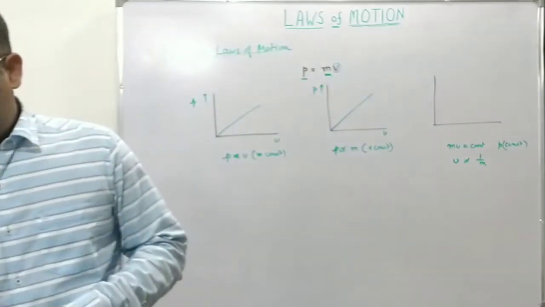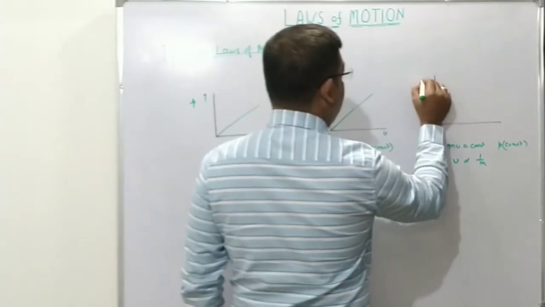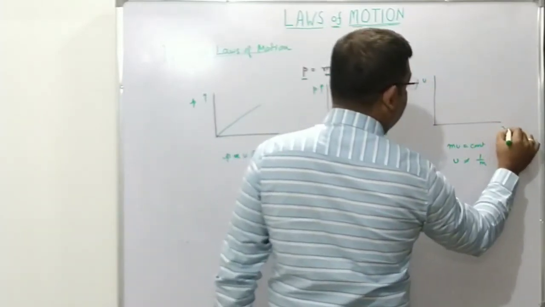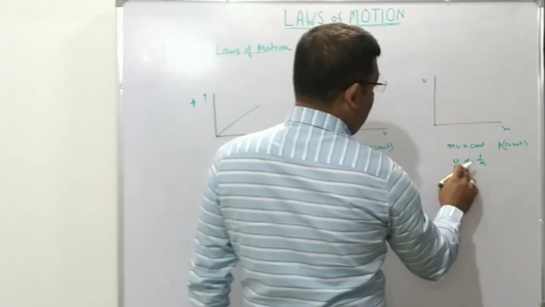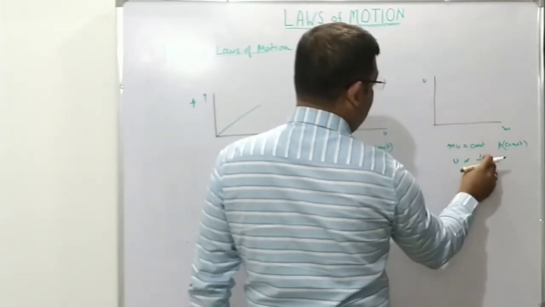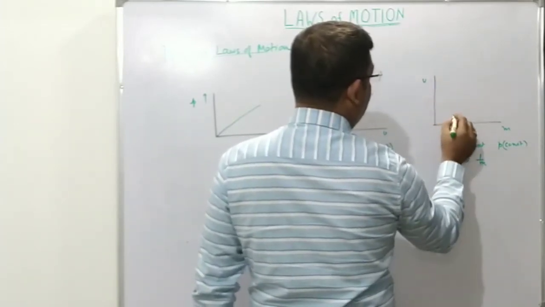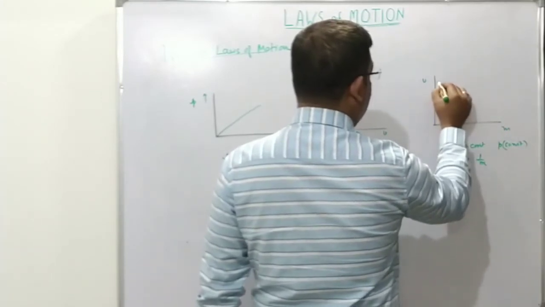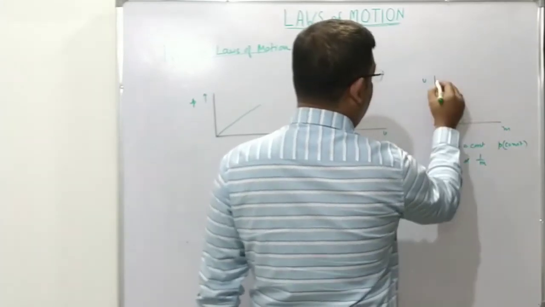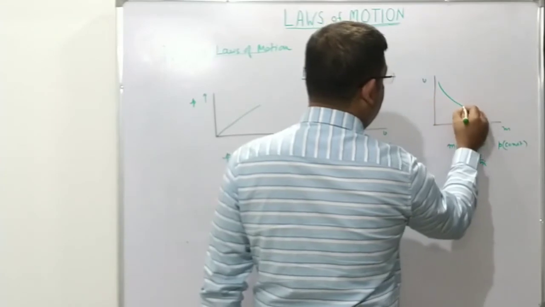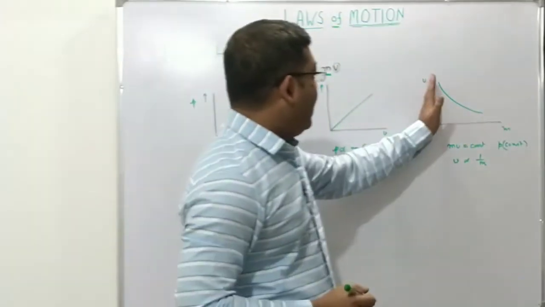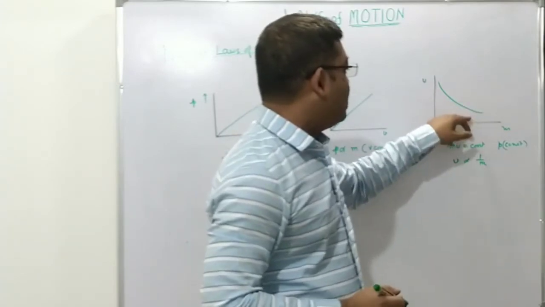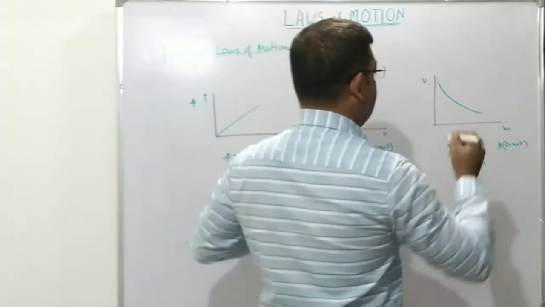And so if I plot a graph between v and m, then it will be like this. For smaller m, we need larger v. For larger m, we need smaller v to have the same momentum, to keep p constant. So we will have a graph like this. As the mass increases, for lesser velocity, we will have the same constant momentum.